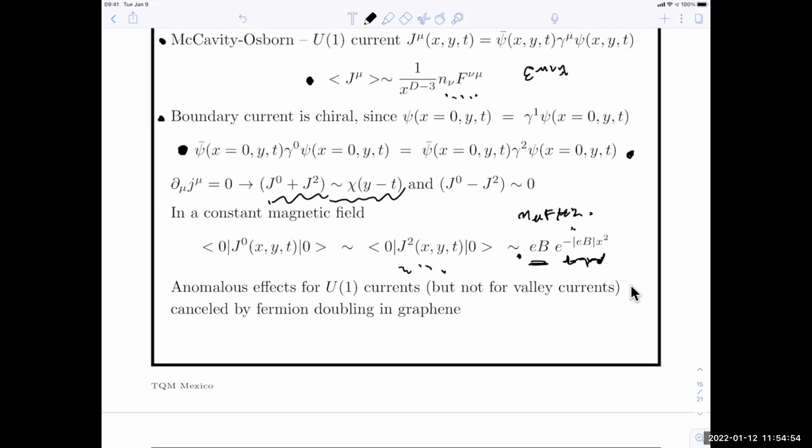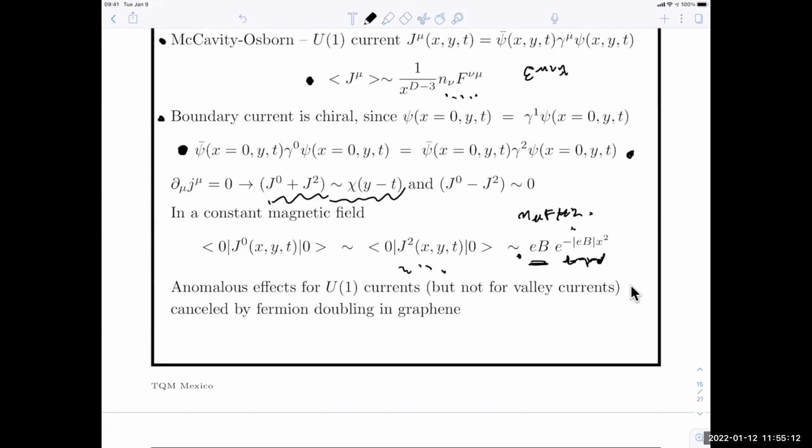Okay, well, if you put in the other values actually, in graphene the other valley would have the opposite boundary condition. And in a sense, this effect cancels. It has anomaly cancellation.